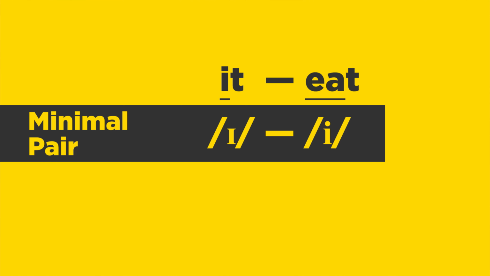Ukrainian examples are кит and кіт. Кит is a whale and кіт is a male cat. And there are plenty of such cases when I and E change the meaning of the word.